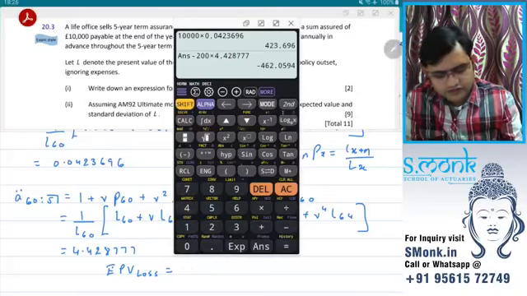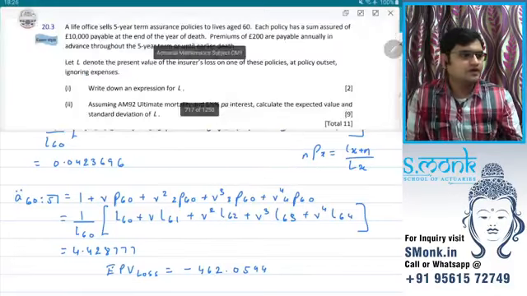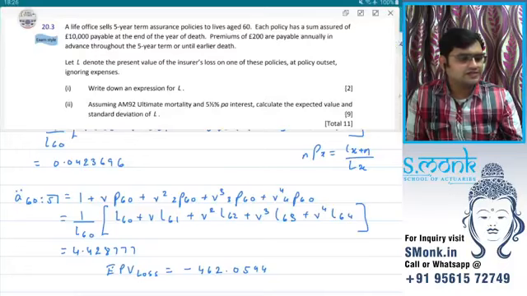So we have a negative loss. That's a good thing. So in a sense, we will have profit if all the mortality works as expected. Okay. So if all the mortality works as expected, we will have profit, right?